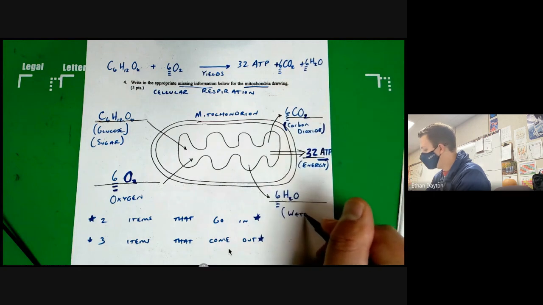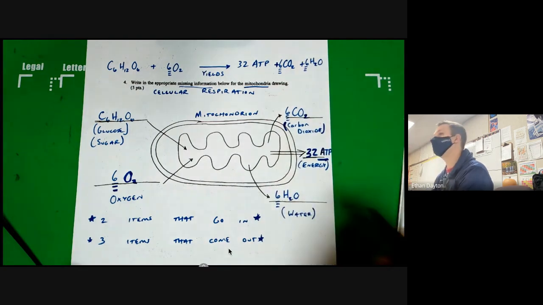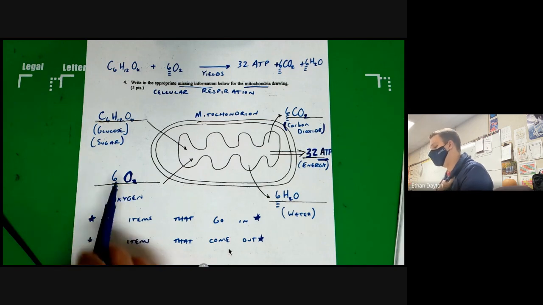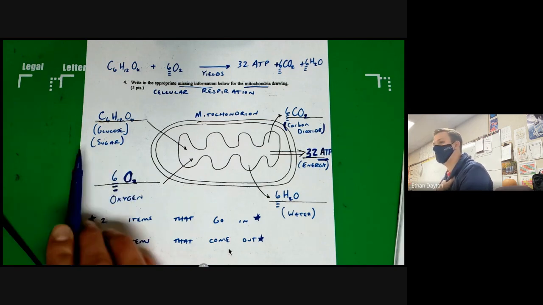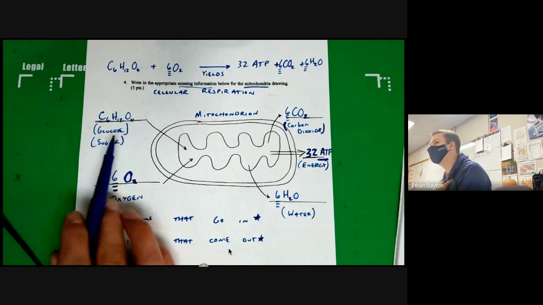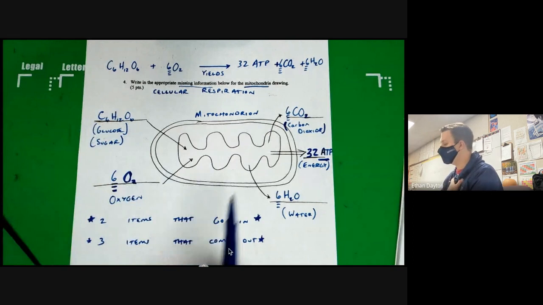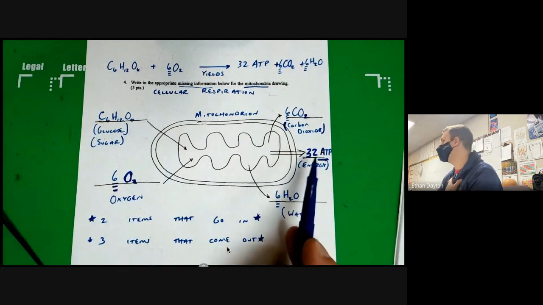Now, again, this is my way of remembering it. You don't have to do it this way. But when I think of respiration, I think of breathing. What do I breathe in, everybody? Oxygen. In order to do an activity, I need this. Sugar. And then while I'm doing that activity, what am I burning? Or what are you using?